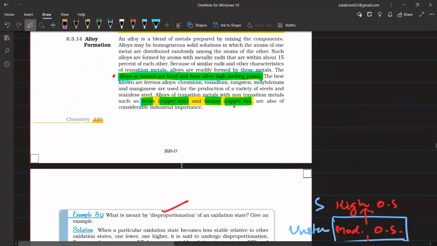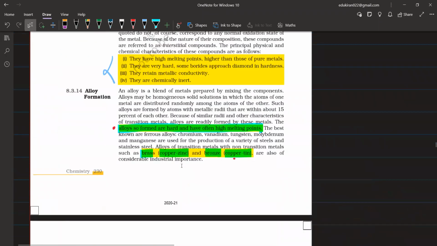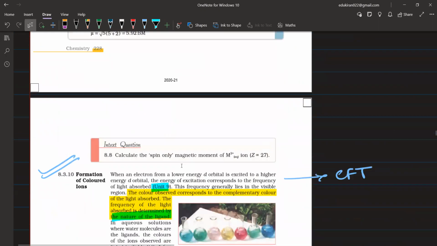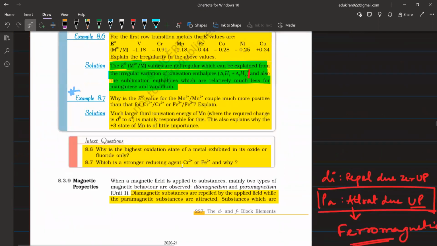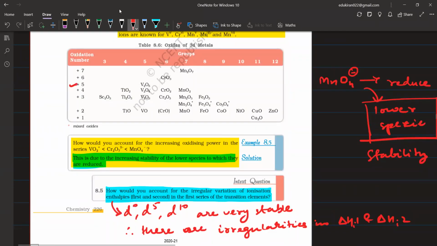वैनेडियम के पास कितने इलेक्ट्रॉन्स होते हैं? वैनेडियम का मैक्सिमम ऑक्सीडेशन स्टेट क्या है, +5। क्यों? क्योंकि वैनेडियम के पास कितने इलेक्ट्रॉन होते हैं?